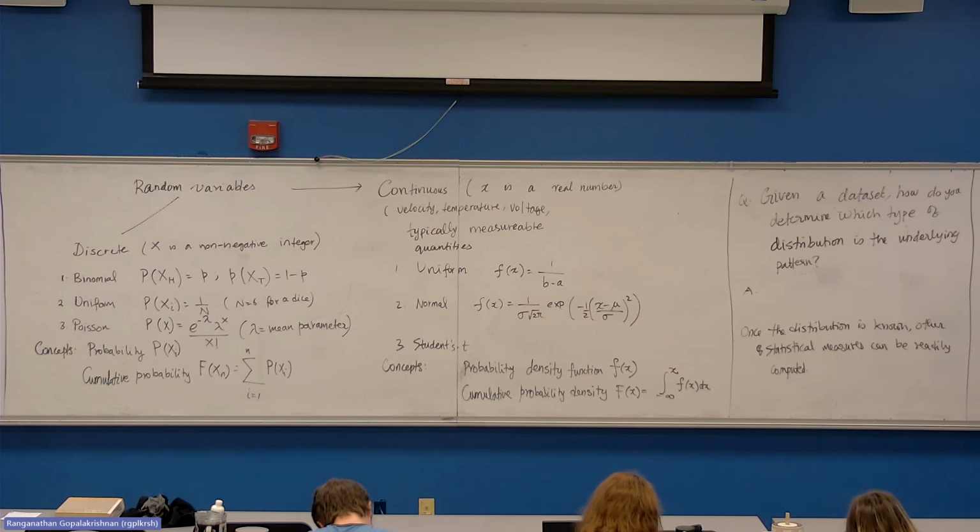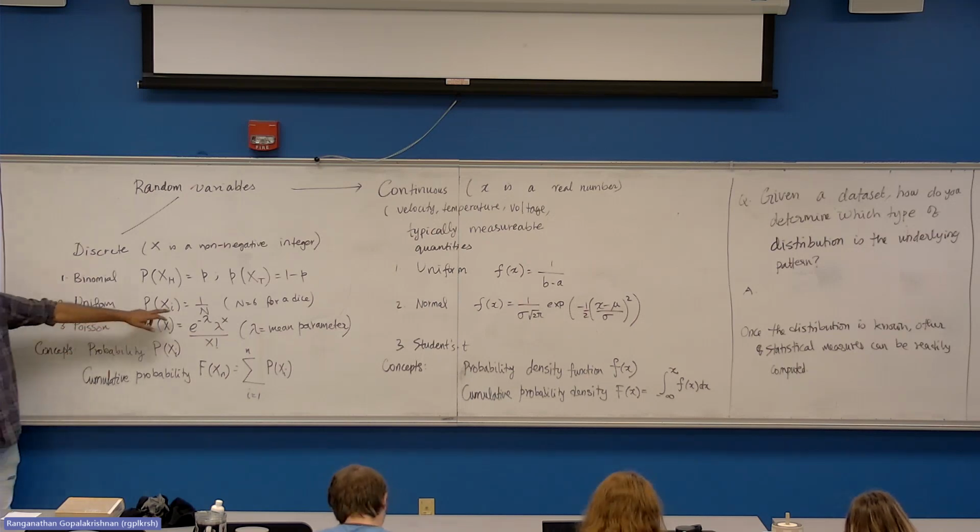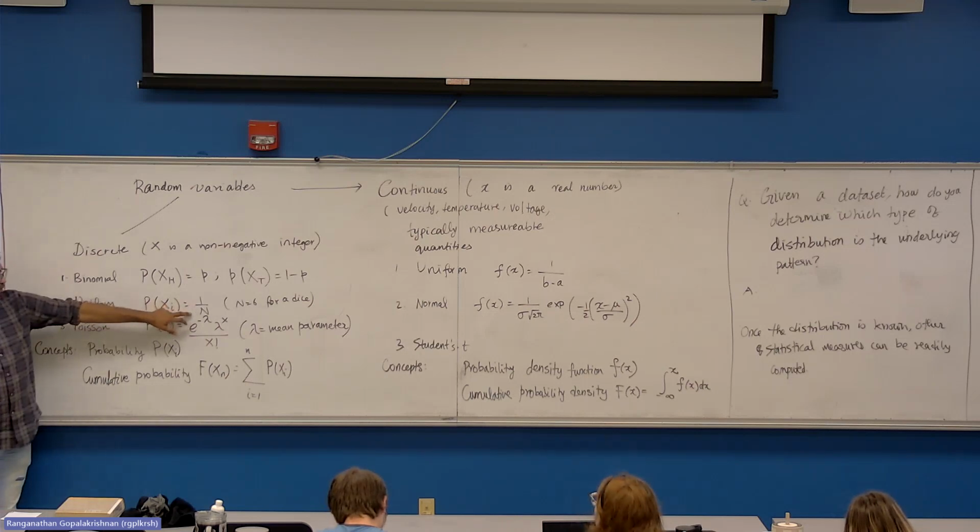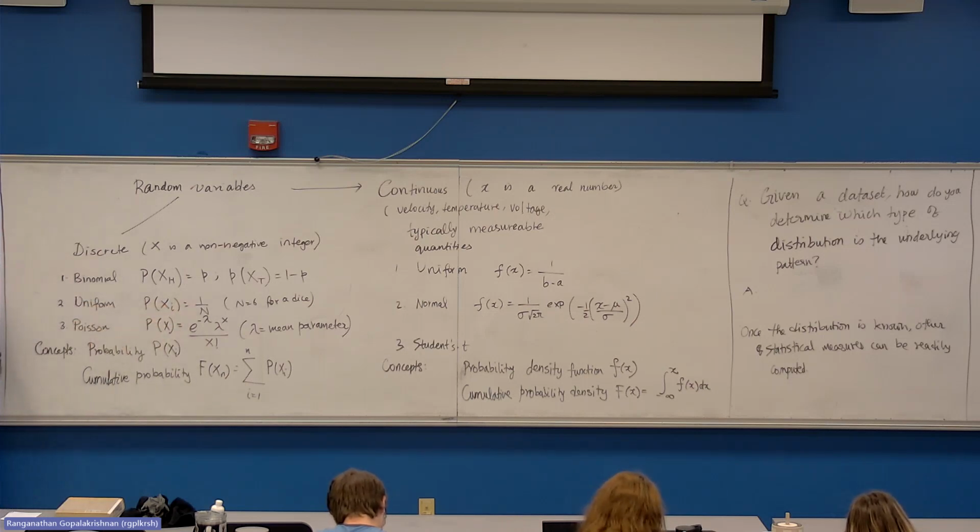We also saw the uniform random variable, which describes outcomes where all the outcomes are equally likely, like the sides of a dice. All the sides are equally likely, so the chance of any one is just 1 divided by the total number of outcomes.